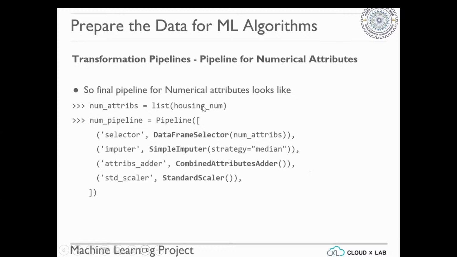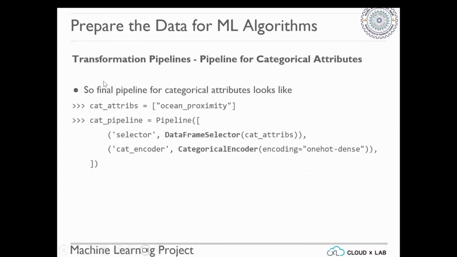So housing_num is a variable that contains the complete data set with only numerical attributes, and the categorical attribute variable holds the data for categorical attributes.